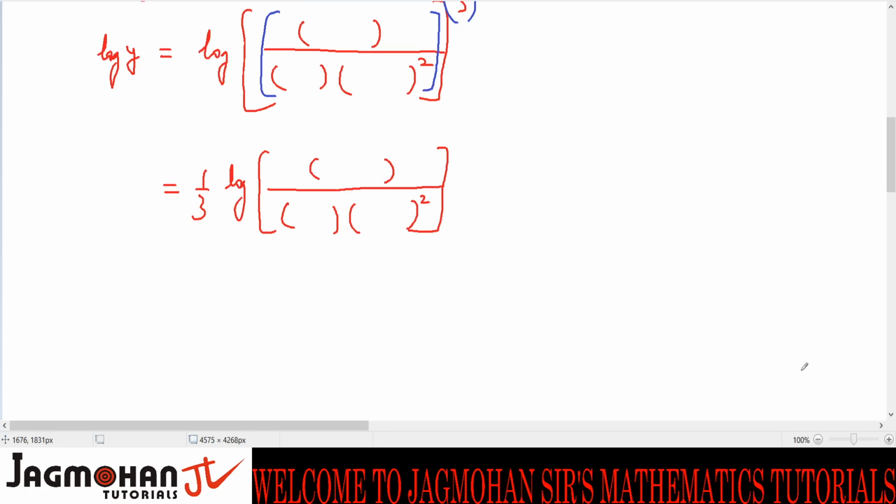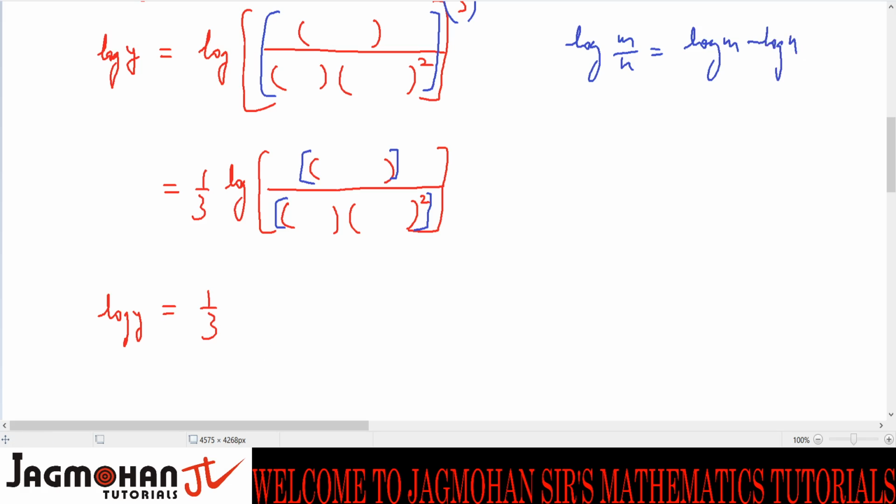Then you have log y equals 1 upon 3. Now you have log of m divided by n. If you have log of m upon n, you write it as log m minus log n. So what will happen, students? Next step, I make a bracket here, and then it is log of this thing minus log of the denominator.